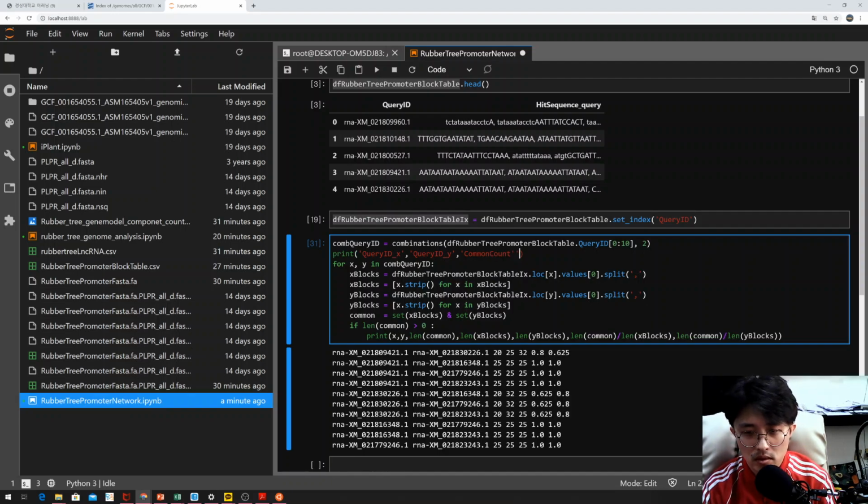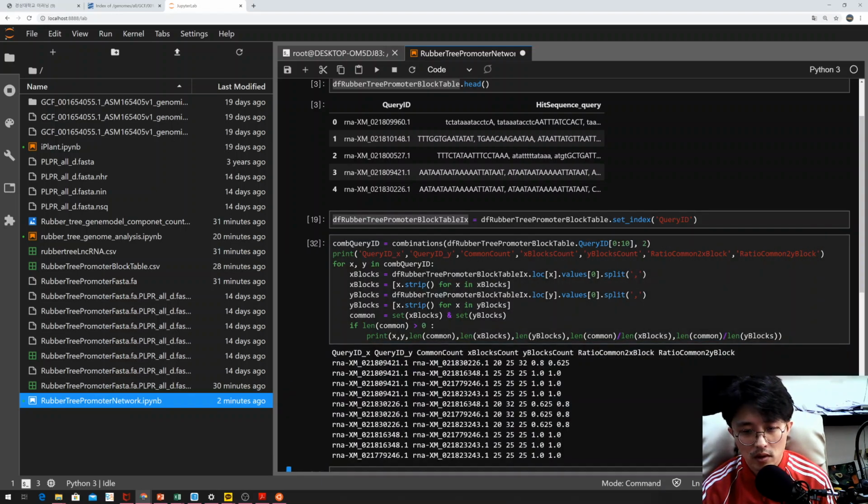Common count and x block count, y blocks count, and ratio common to X block, ratio to Y block. Okay.